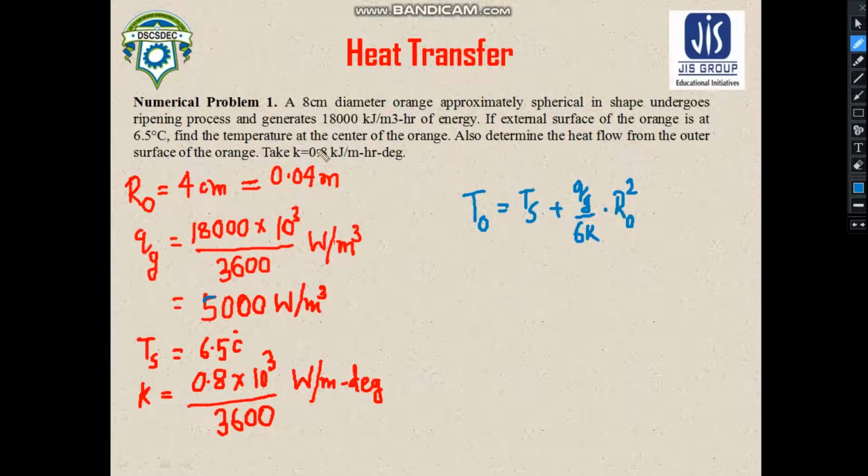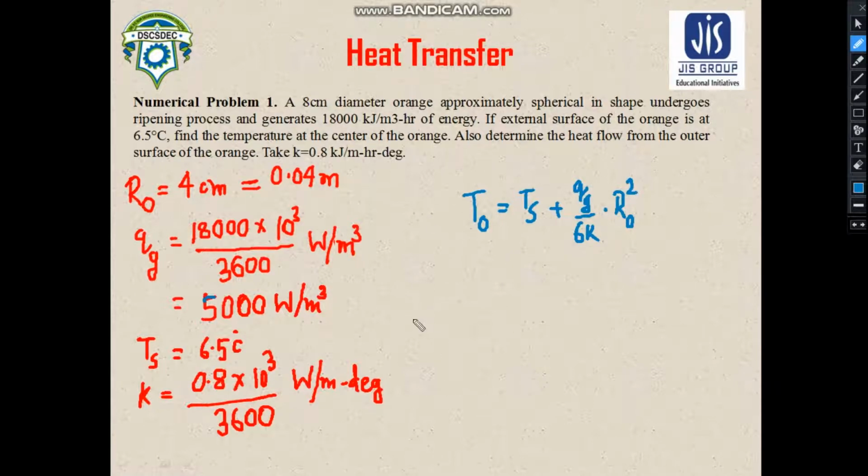Again, we would like to convert the units from kilojoule per meter hour degree into watt per meter degree, which we have done by converting kilojoule into joules and hours into seconds, so that joule by seconds becomes the watt. After that, the question is to find the temperature at the center of the orange.